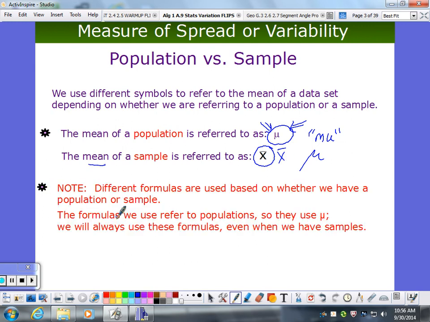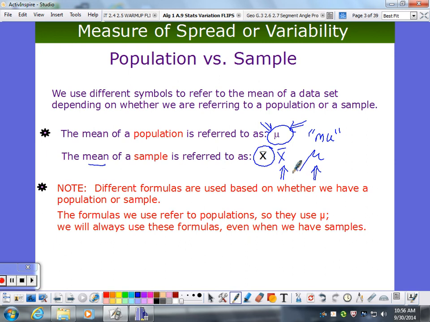Now, what's confusing is that for us in this class only, we're not really going to differentiate between them. If you see an x bar or a mu, you're finding the mean. Your calculator will use this symbol. All of our formulas will use this one, because we're using population formulas instead of sample formulas, which are different.